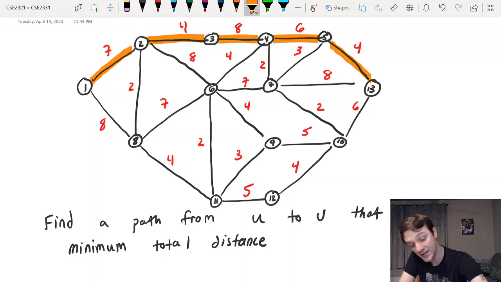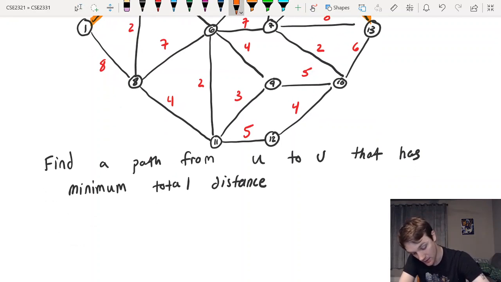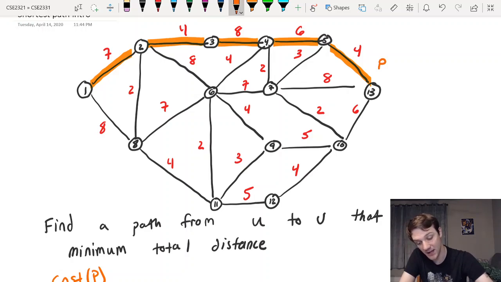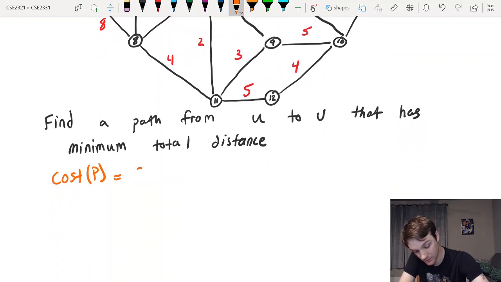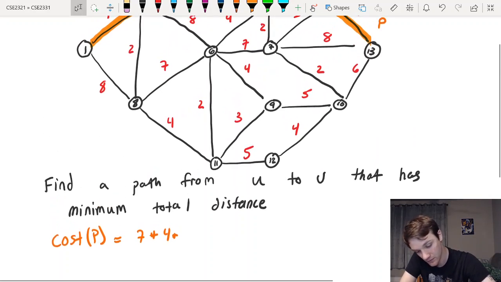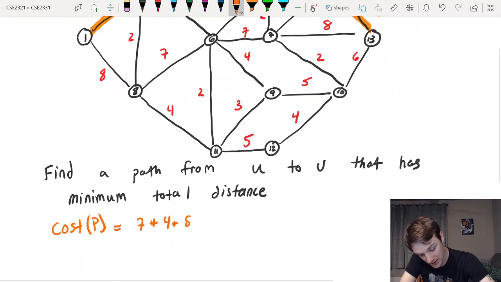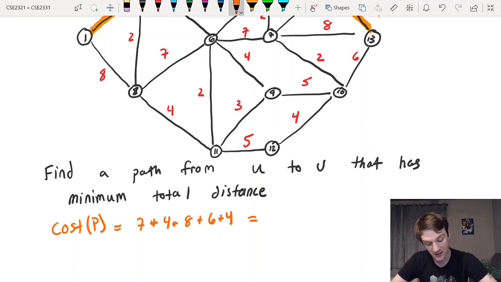So the cost of that path, we'll call that P, is 7 plus 4 plus 8 plus 6 plus 4 plus 8 plus 6 plus 4. So the total cost is 11 plus 8 is 19 plus 10 is 29. So that is a path with a cost.